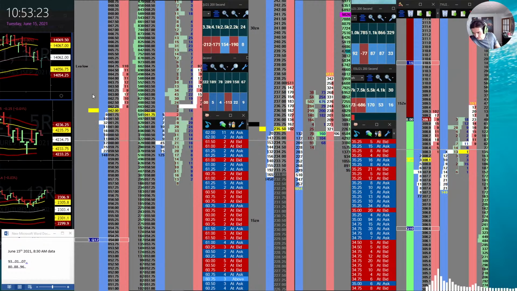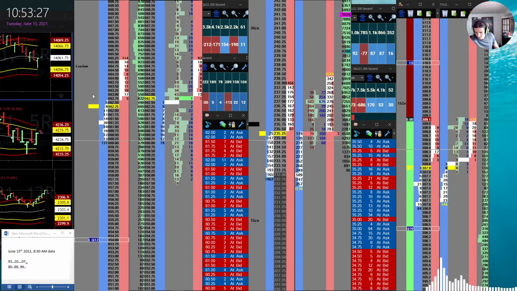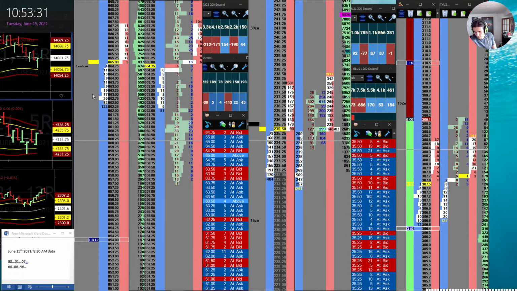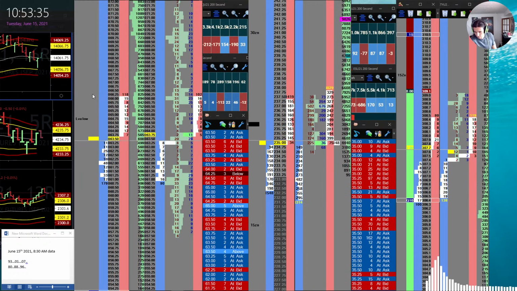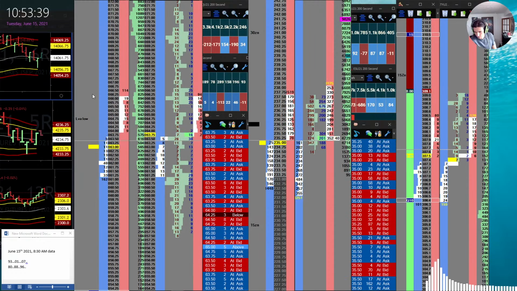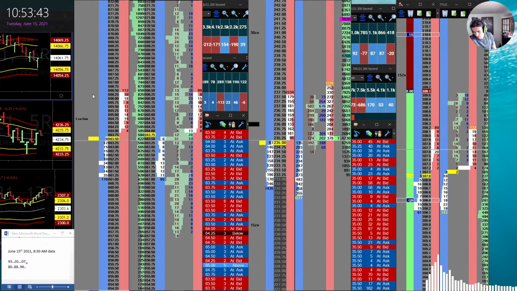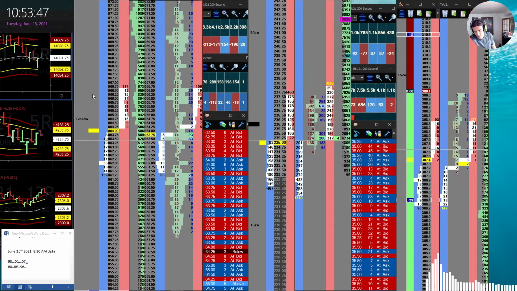Got a nice fill on the ruts there. Top of the range there. So I think I'll let that one ride a little. Look how quickly it's going to the target. I'll let it fill if it goes that fast.